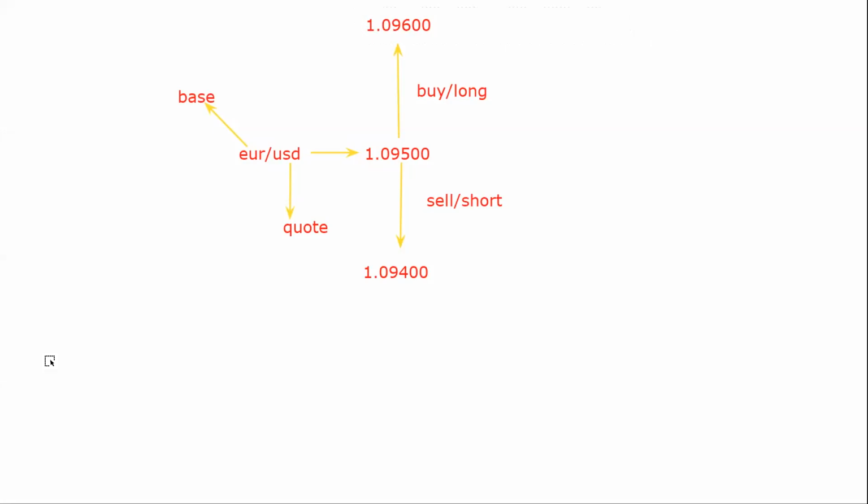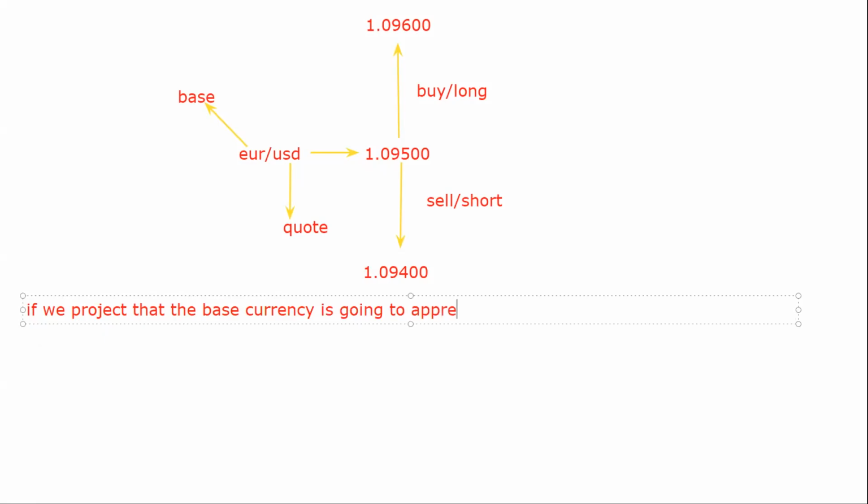Furthermore, if we project that the base currency is going to appreciate in value, we buy the base and sell the quote.